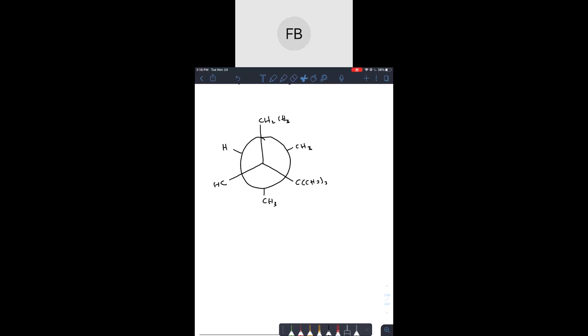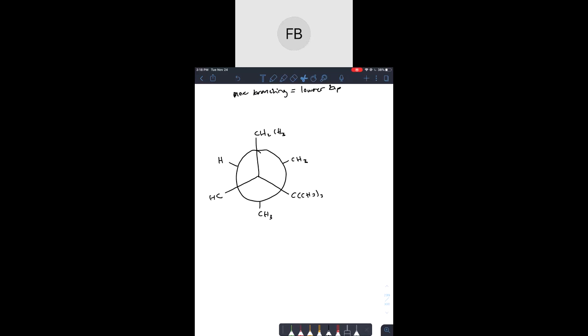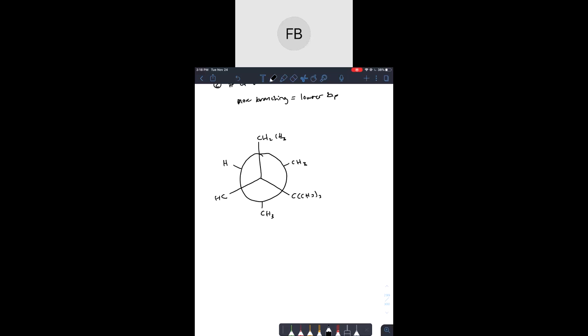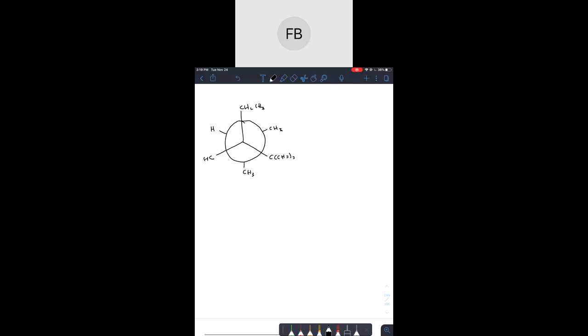Don't confuse the two. This Newman projection is looking down a carbon-carbon connection. The most important thing when asked for an IUPAC name from here is to draw your bond line structure first. It's really hard to do naming straight from a Newman projection.